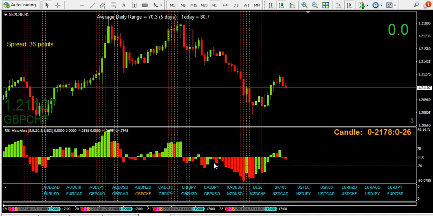This is our bust, this is our pullback, and when we get a break and close of a bar on the RsiHisto below, in this instance on a short trade, below the low of the bust bar, that is our trigger to trade.